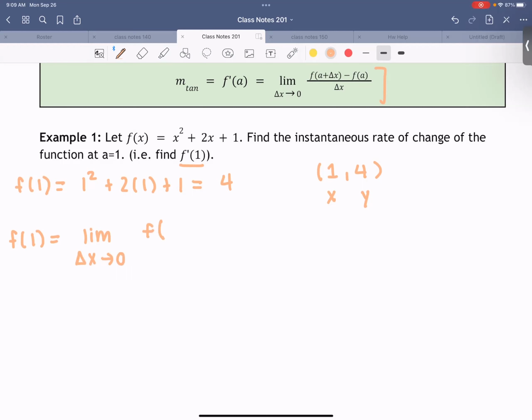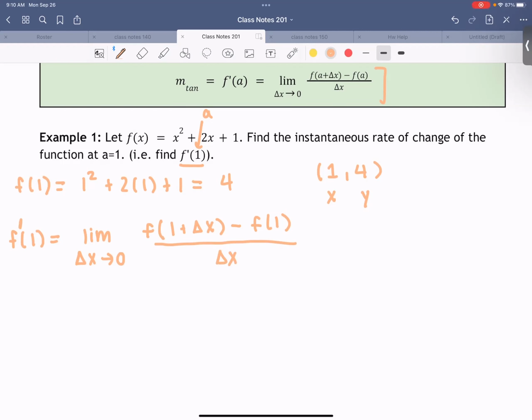Yeah, because we want to find f prime of 1. 1 is a. We want to find f prime of a. Okay, so let's plug in 1 instead of a: f of 1 plus delta x minus f of, well, a is 1, over delta x. So all I did is plug in 1 for a. Sorry, this is f prime of 1.